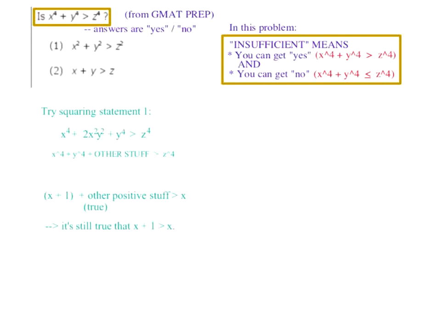On the other hand, if you were given x minus 1 plus positive stuff is greater than x, then you would not know, of course, that x minus 1 is greater than x. Those are not brilliant examples or anything, but they should show you that this is not going to work.